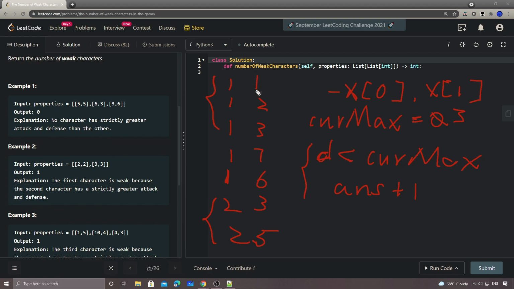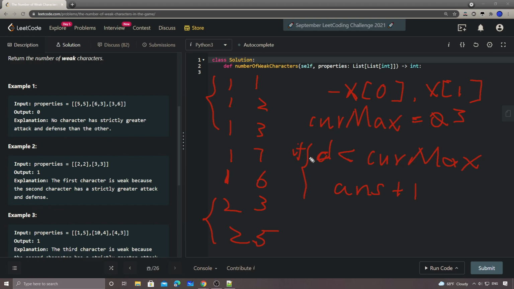We also want to start from the smallest, because we do the sorting here. So we start from 1, and 2 and 3, because whenever this one is true, we're sure we're looking at a weak character.